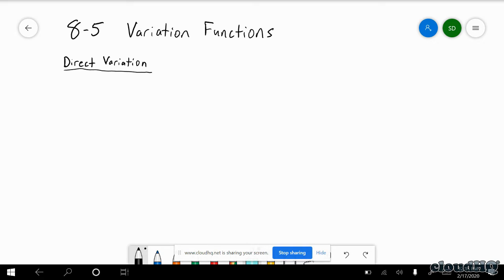In direct variation, I would explain it as if one thing goes up, one factor, one variable goes up, and the other goes up also, kind of at a constant rate. But you could think of it maybe like your education and your ACT score.